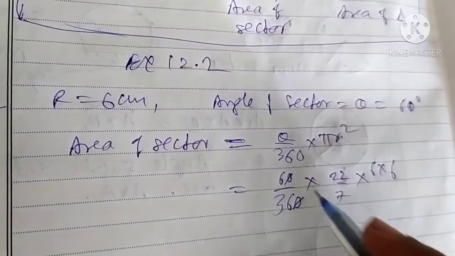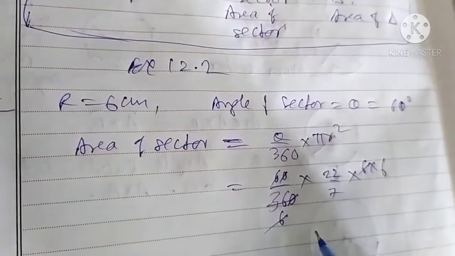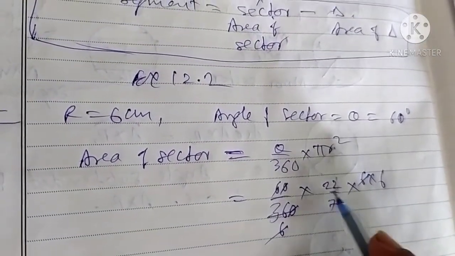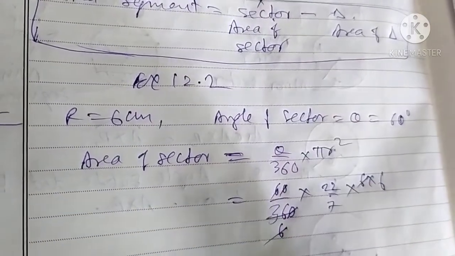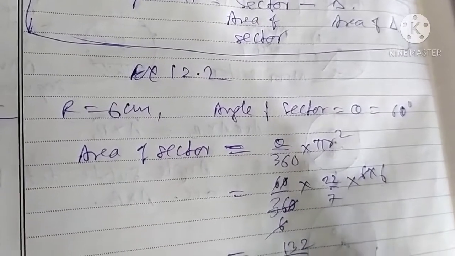So 6, 6 are 36; again 6, 6 cancel. Then we get 22 into 6, upon 7.